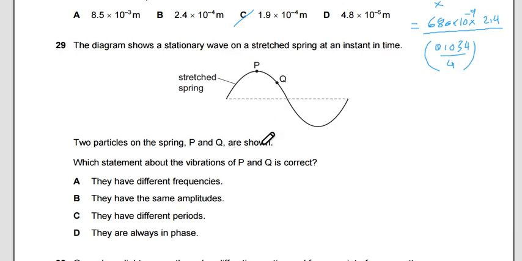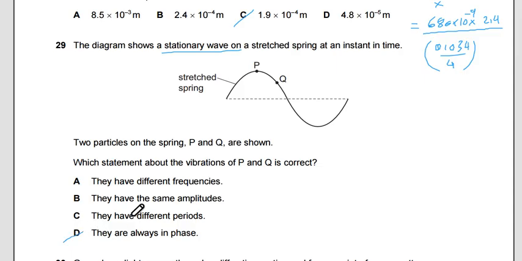As it is a stationary wave, B and Q cannot have different frequencies, cannot have same amplitude, cannot have different periods, certainly if they don't have different frequencies. So always in phase.